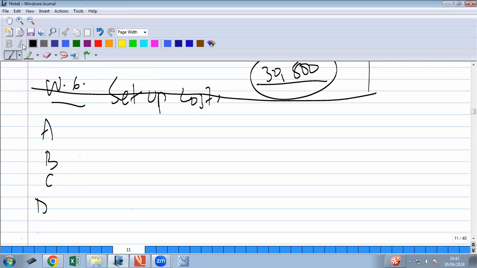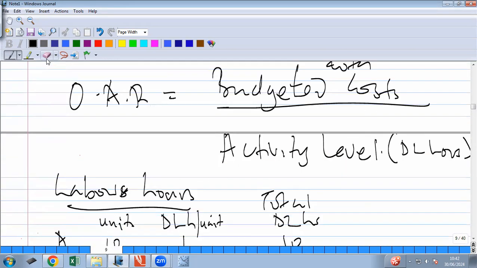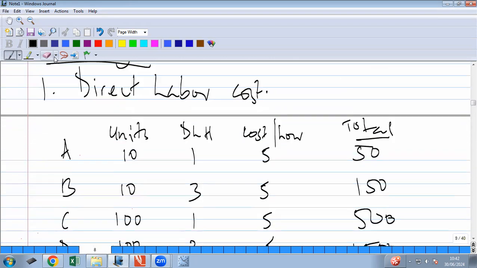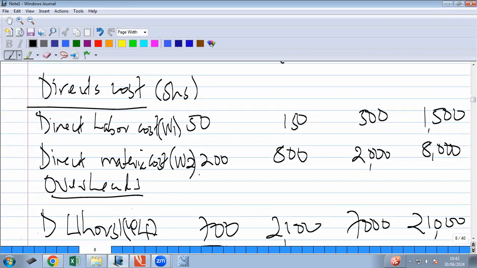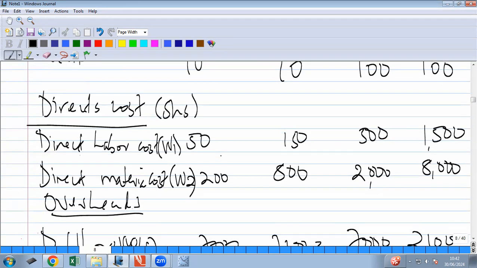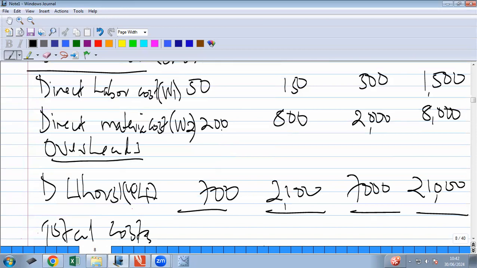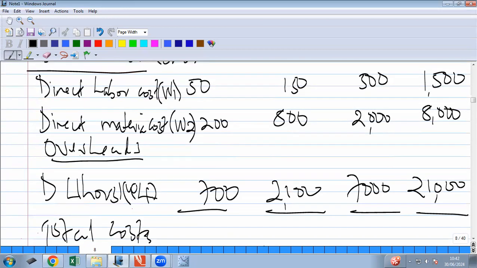So we can now determine our cost per unit as per the traditional. Let's come here, give me the total. Online start from D and on site start from A. Get the total for direct costs for labor, direct material, and the overheads: 50, 200, and 700.